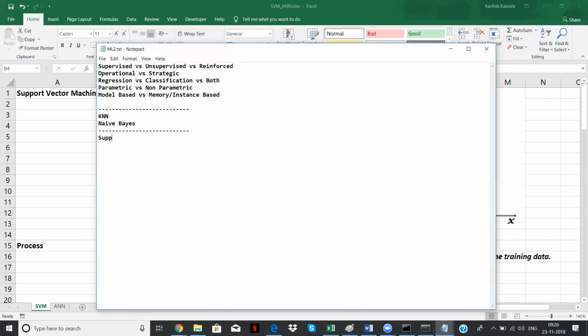One is support vector machine, which is a relatively newer algorithm, and it has now started gaining prominence in real life applications. The other one is artificial neural networks.